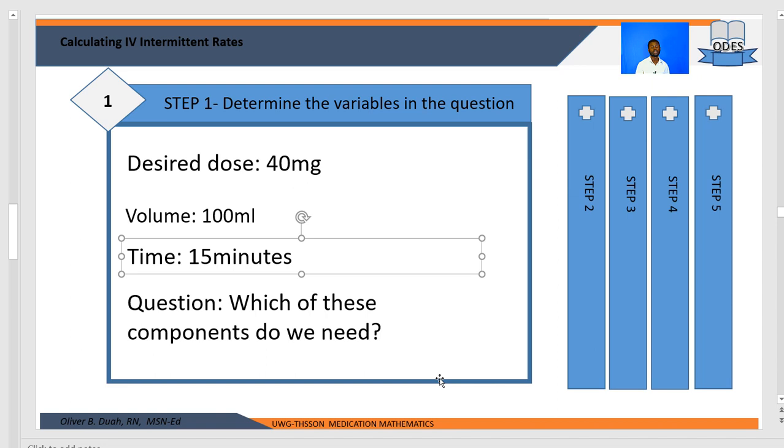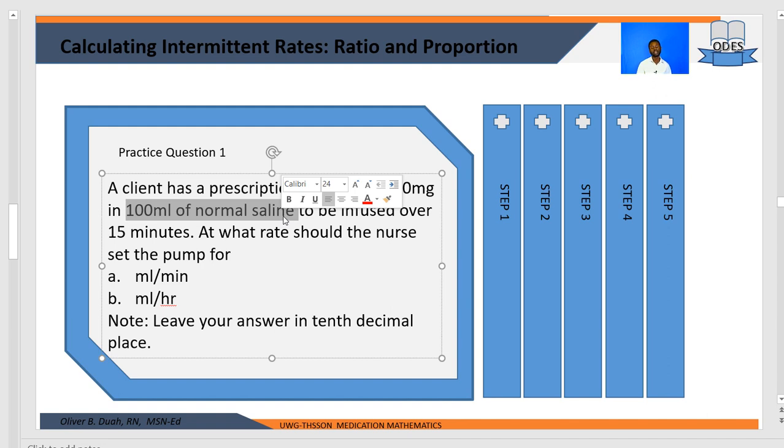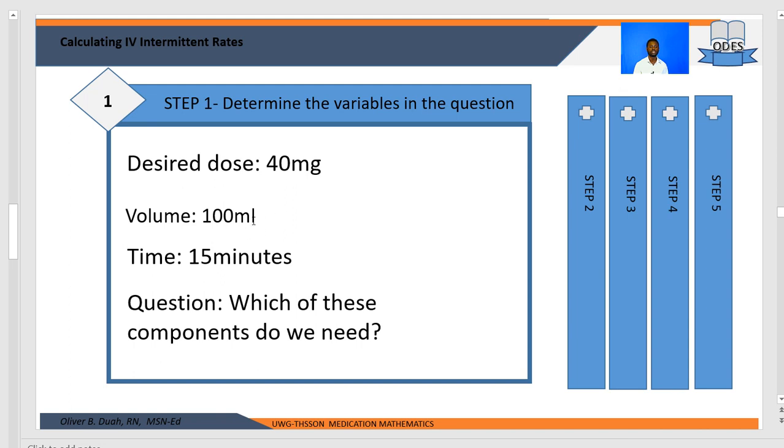Remember, we are not calculating the dose we need. We are calculating the rate. And so we are going to look for the volume of the diluent, which is 100 ml of the normal saline. So that is what we are going to use. So we need just the volume and then the time.